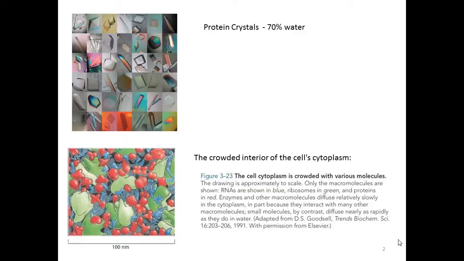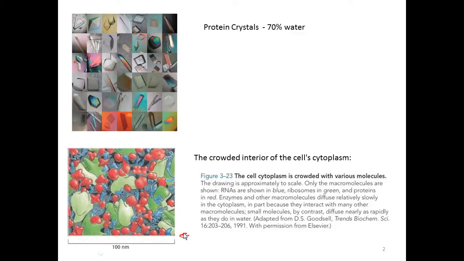Before we get into that, I'd like to point these two pictures out to you. We discussed in a previous lecture how cells are made up of 70% water, 30% biomolecules. This bottom picture in particular is drawn to scale with the proper concentrations.